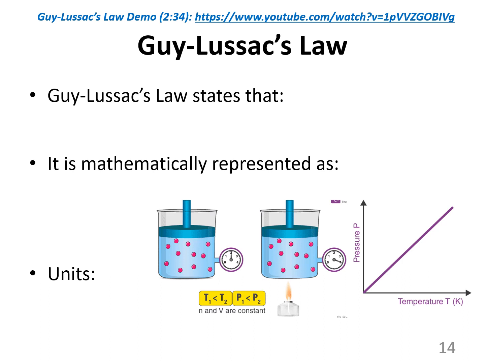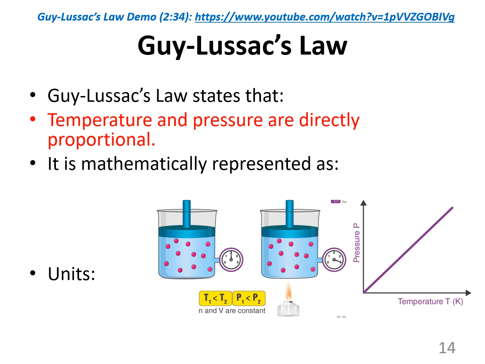Okay, so from the video you can see that temperature and pressure are directly proportional, and mathematically we would represent it very similar to how we represented the other direct relationships. The ratio of the two variables that are directly proportional is equal to a constant. If you have 2 or 3 sets of conditions, the ratios are always going to be the same. Since temperature is involved here, remember temperature for these calculations needs to be in Kelvin. Pressure can be in any units.